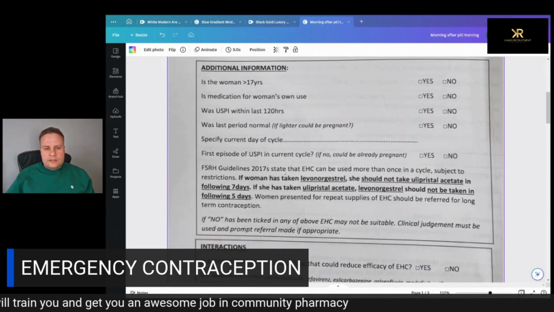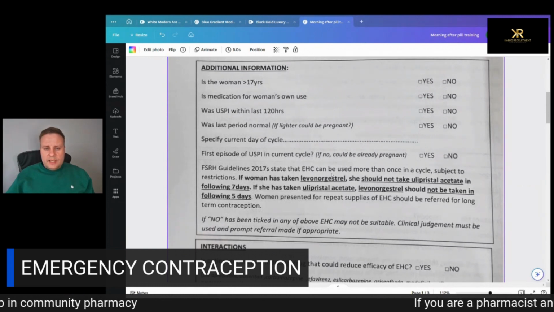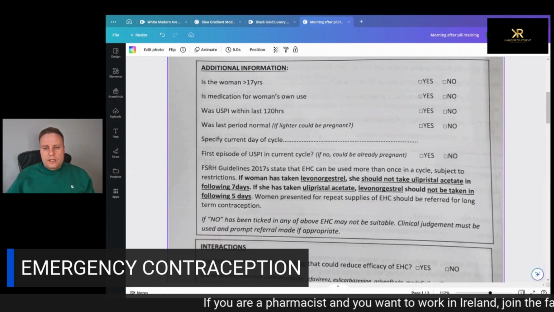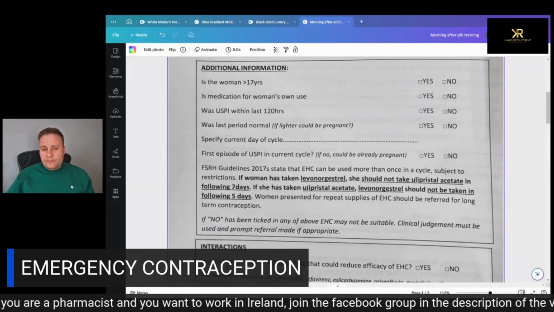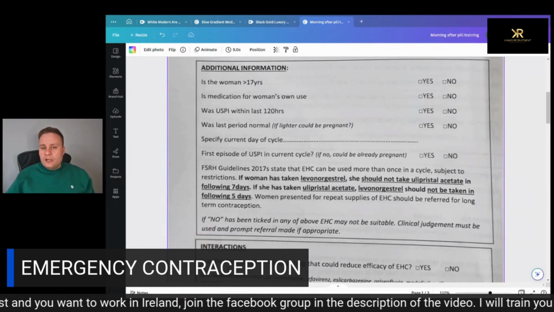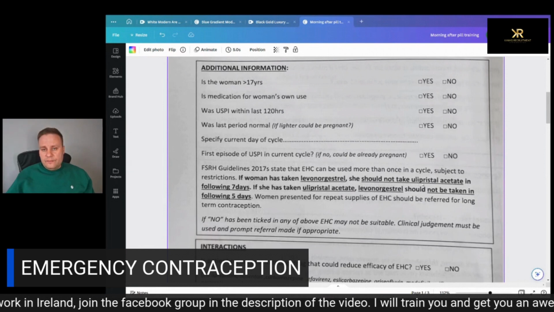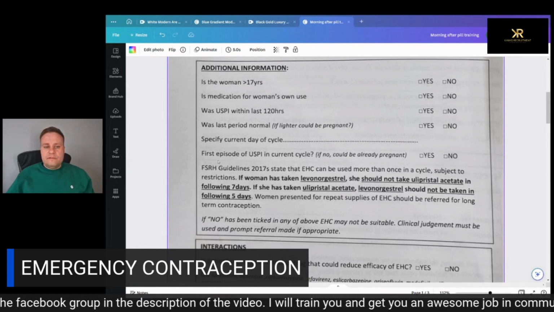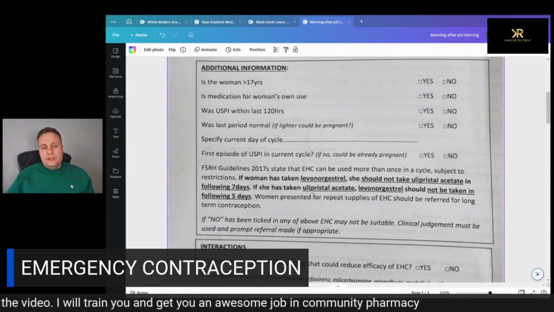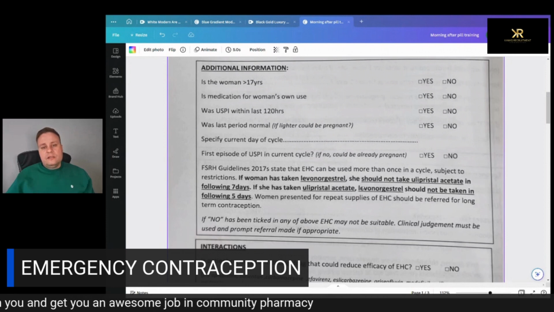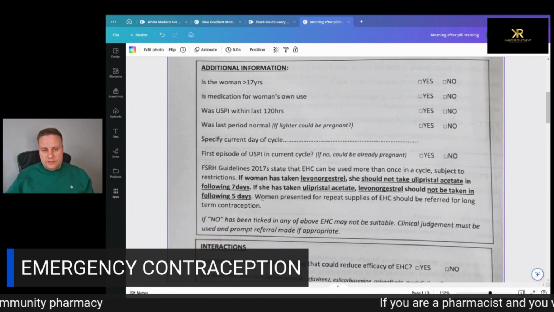So the guidelines state that emergency hormonal contraception can be used more than once in a cycle, subject to restrictions. So if a woman has taken levonorgestrel, she should not take ulipristal acetate in the following 7 days. Similarly, if she has taken ulipristal acetate, then levonorgestrel should not be taken in the following 5 days.